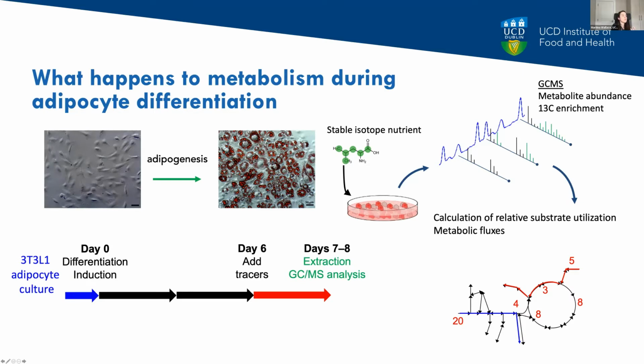We took these adipocytes and changed some of the nutrients in the media to stable isotope versions, for example glucose, glutamine, and branched-chain amino acids. Then we looked at the incorporation of these isotopes into downstream metabolic intermediates using GC-MS, where you can see from the mass increment in a specific metabolite how much isotope has been incorporated into it. From there, we calculated relative substrate utilization.